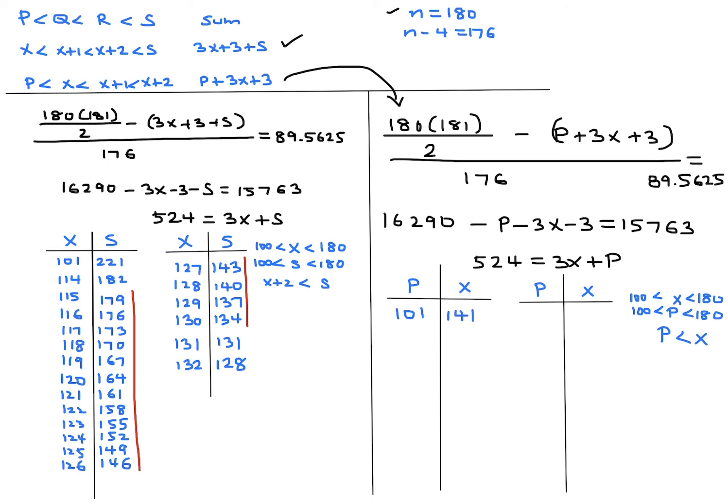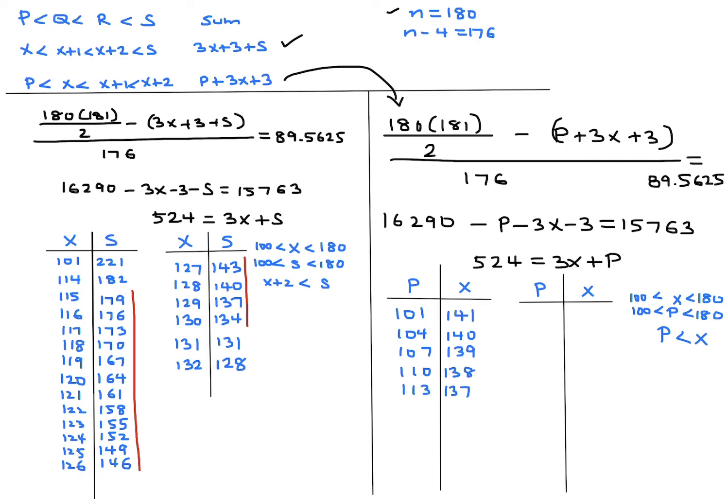The parameters are all satisfied here, so this is legitimate. So I'm keeping that one. And then in a very similar way, let's keep going here. 104 would give me 140, and I'm really looking for integer values. So 107 gives me 139, and so on. You just keep making this list. So 110 would give me 138.